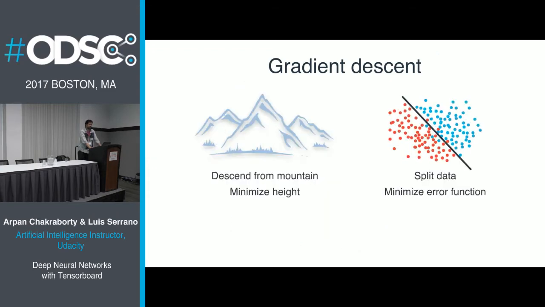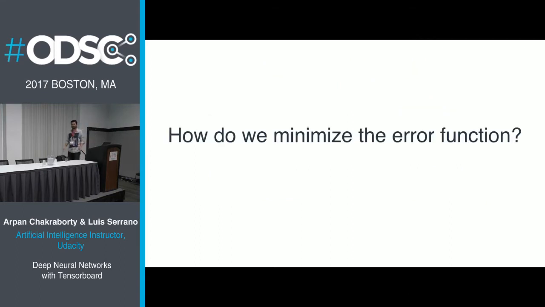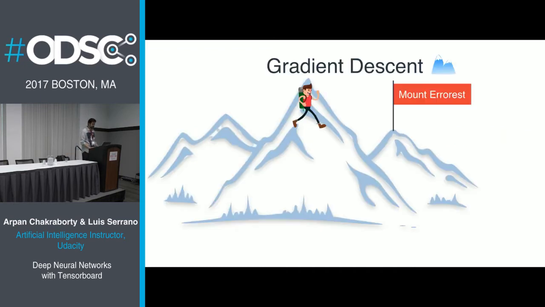The equivalent of minimizing height to descend from the mountain is minimizing the error function in order to split the data. But now the question is, that was kind of a little vague when I said you take a bunch of steps in all directions and see where you descend the most. Computer's not going to try that. What we really want to do is use calculus, right?